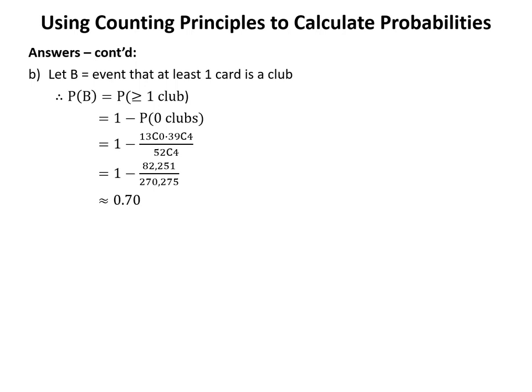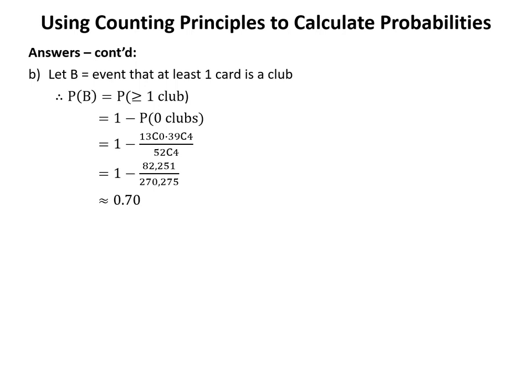That's our sample space. Now to get 0 clubs, what would happen there is, we can sort of partition the deck into 2 groups. One is the group of 13 clubs, of which we're picking none, and then the 39 other cards, which are from the other 3 suits, of which we have to pick all 4. So we get 13 choose 0 times 39 choose 4 divided by 52 choose 4.